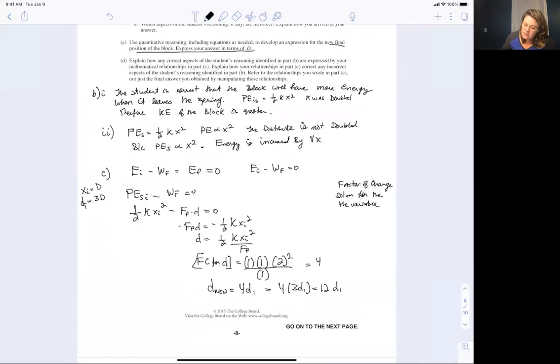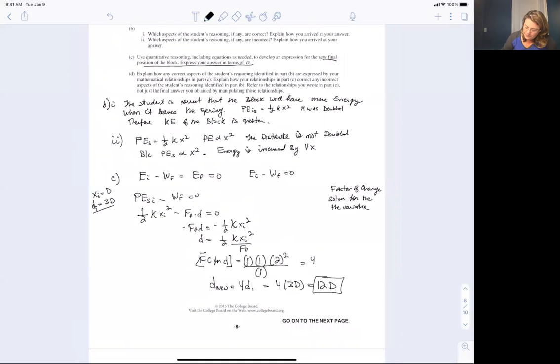Find the new final position of the block. I just need to change my subscripts here because we have to actually show what was D1. I defined D1 as 3D, so I have to put the big D, which they had. So we have to have exactly what they had. So now there it is. It is 12D. I hope I'm not confusing you.